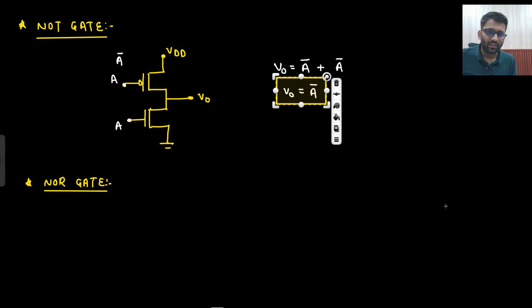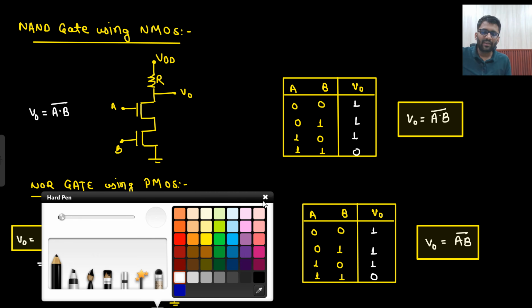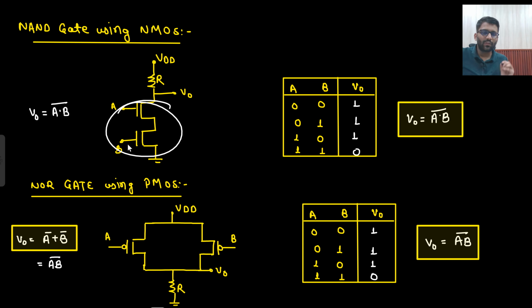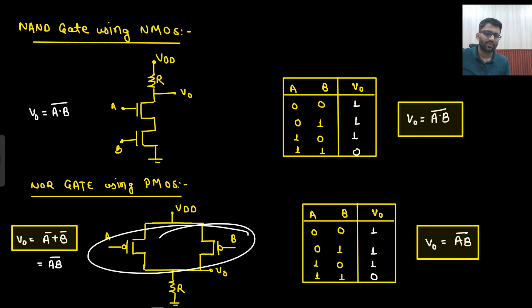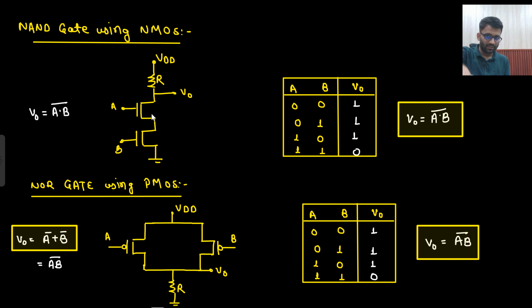Now another observation: when we implemented using series of NMOS, we used parallel of PMOS. When we use parallel of NMOS, we use series of PMOS.